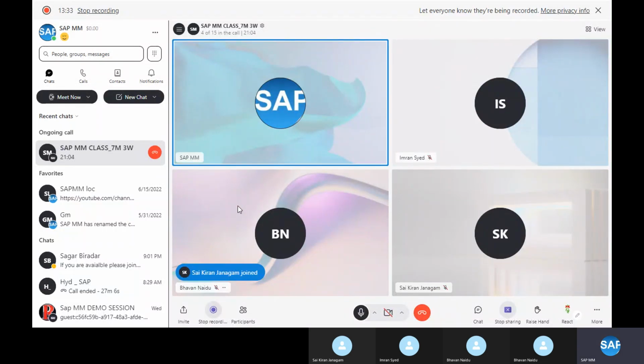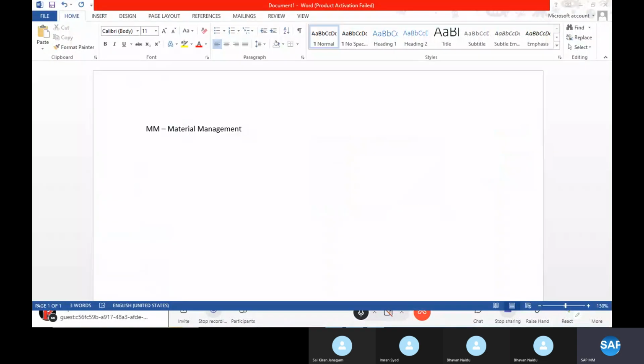Now coming to material management, what are the areas we are looking into? Majorly we are looking into three areas when we talk about material management. One is purchasing, that means you can say procurement also. The terminology is procurement, purchasing.